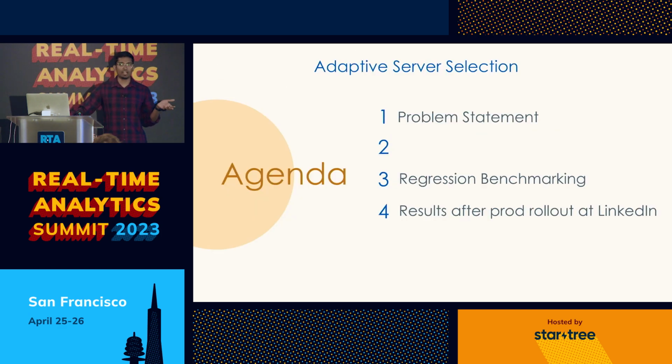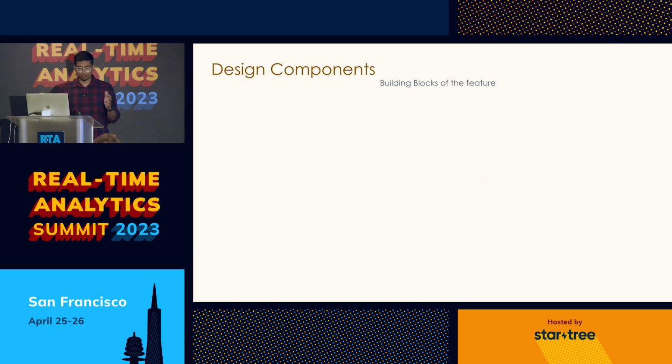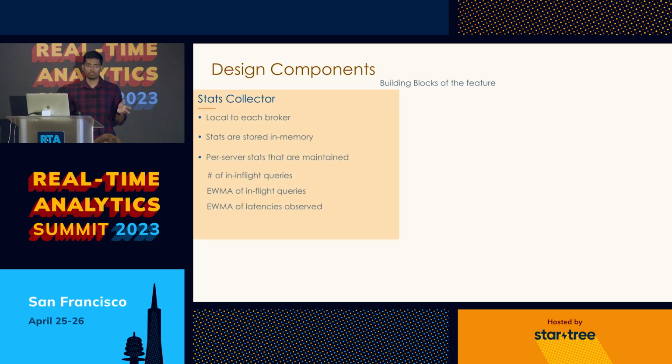Now that we have the problem statement set up, let's dive into how we solved it at LinkedIn and for the open source community. The design for this feature consists of two major components. The first component that we are going to talk about is called the stats collector. The stats collector is basically a stats store that is going to maintain stats about how each server is performing.